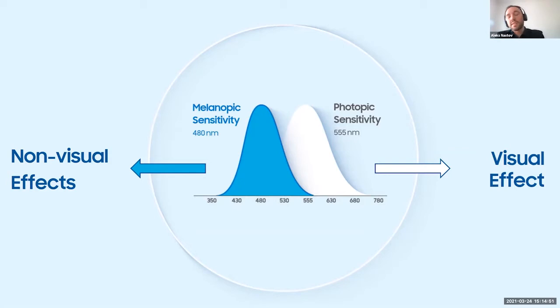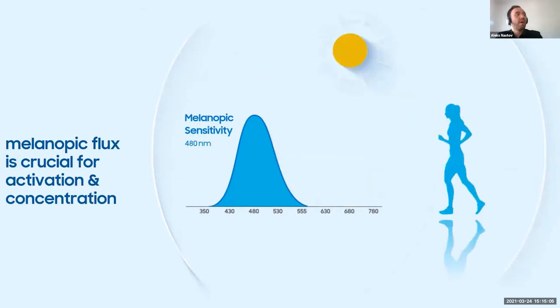Our melanopic sensitivity curve peaks at about 480 nanometers. Flux accumulating within that sensitivity curve has a direct effect on our well-being at daytime. It's activating and increases our concentration level.